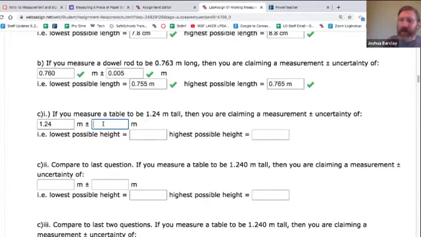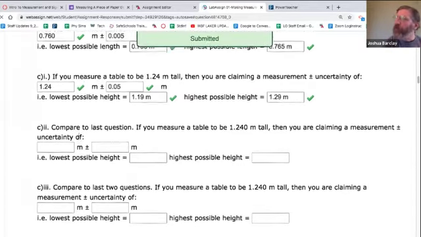What do I got to do right here? 0.05. Notice it's in the hundredths place. And that means my lowest possible height is 1.19 meters. You got to put in a space here. And this is 1.29 meters. Those are the range. So far, so good.